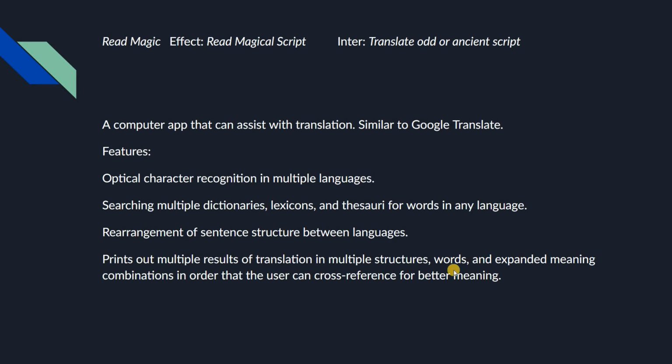So certain words would expand to the dictionary meaning, and that would allow the user to cross-reference and better understand by looking at all those options. So that's my idea for a comprehensive translation program, and this is a far larger project than anything else on the zero spells list.